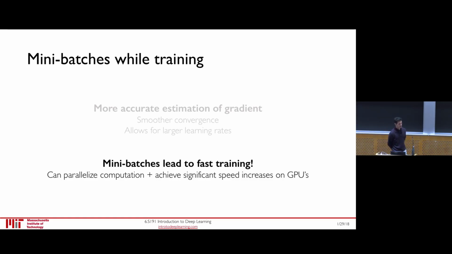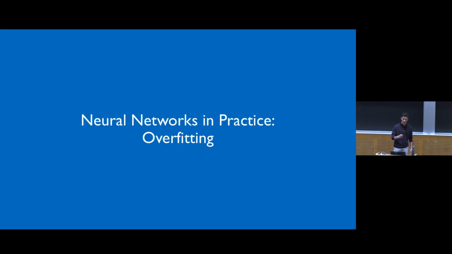This also allows for massively parallelizable computation. If we split up batches on different workers, on different GPUs or different threads, we can achieve even higher speedups because each thread can handle its own batch, then they can come back together and aggregate together to complete that single training iteration.